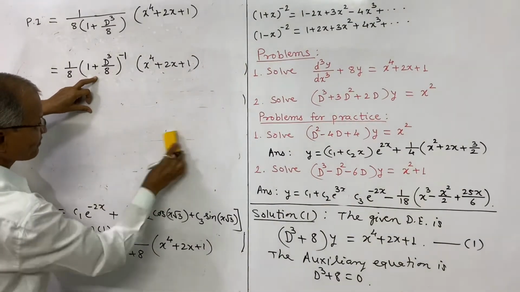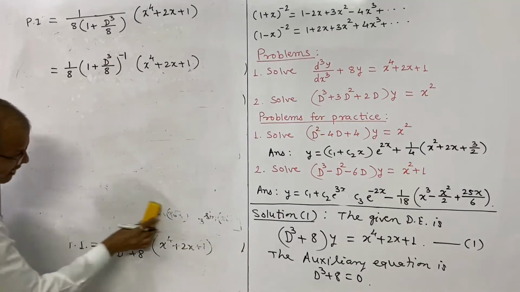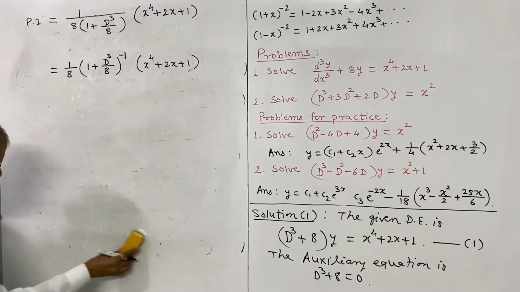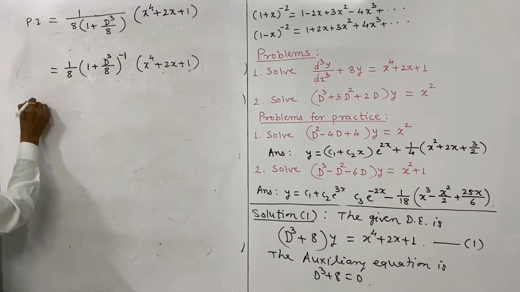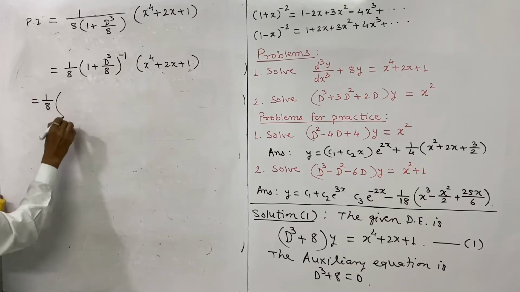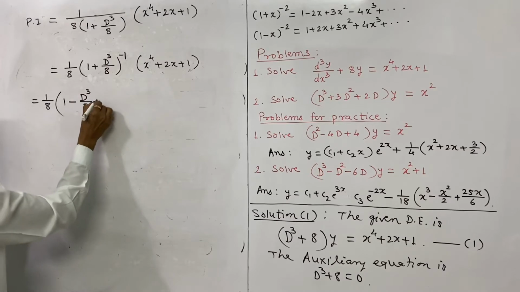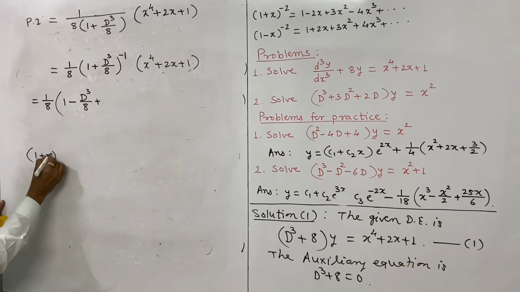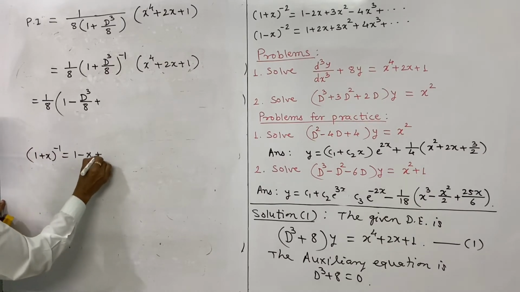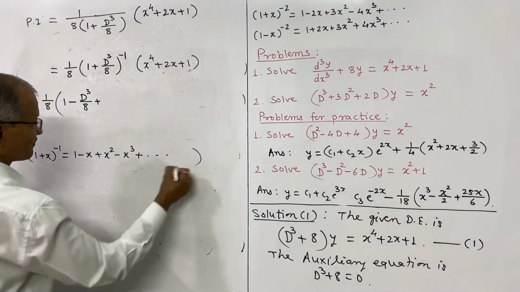Using that expansion formula written earlier, we expand this term, and that can be written as 1 by 8 in bracket, 1 minus D cube by 8 plus alternate terms. The formula we are using is 1 plus x power minus 1, which is 1 minus x plus x square minus x cube and so on.